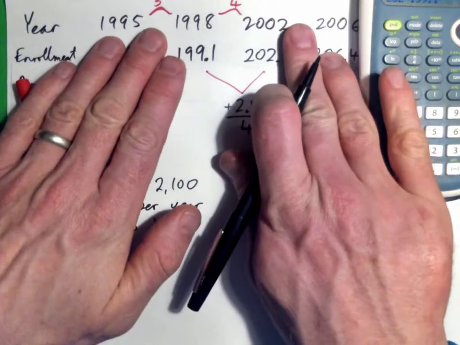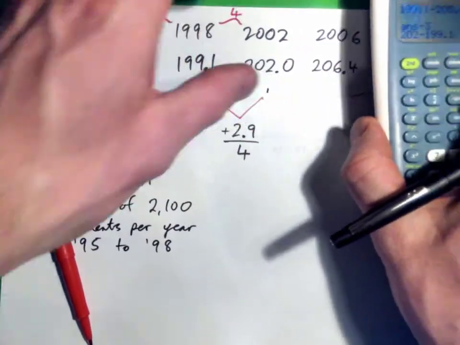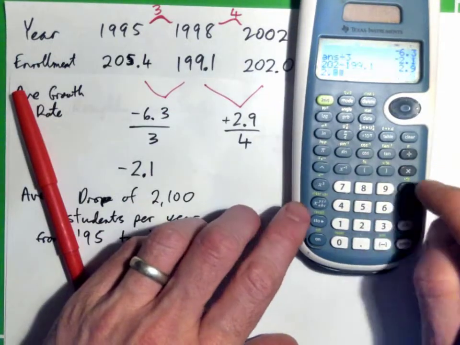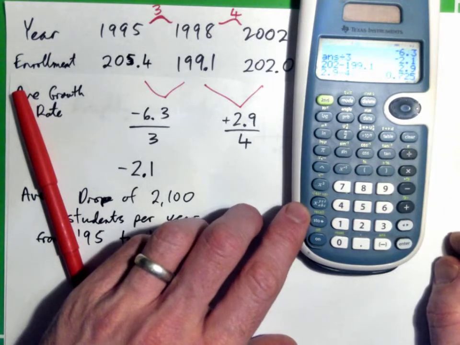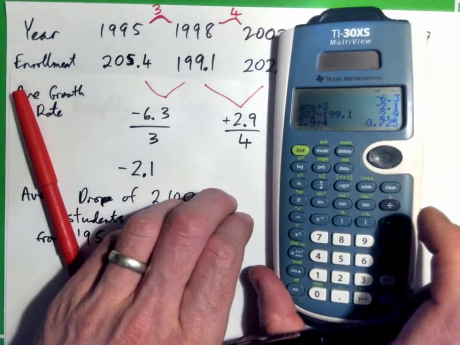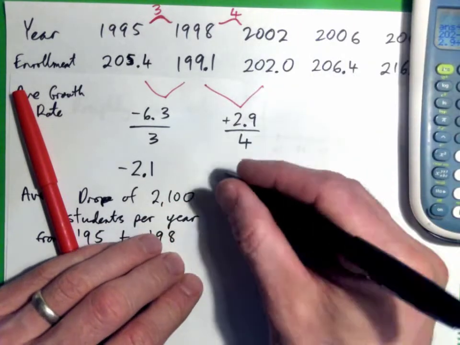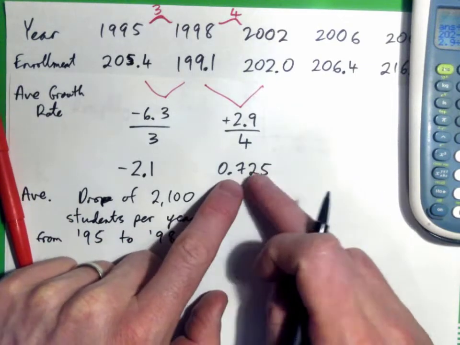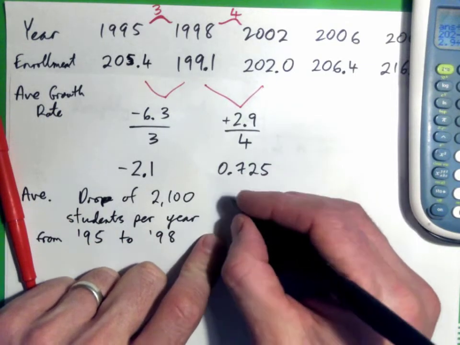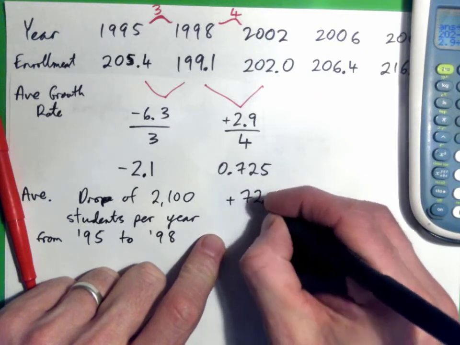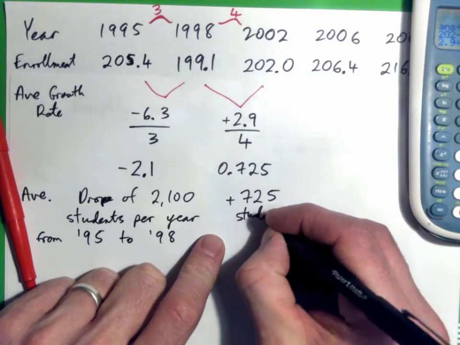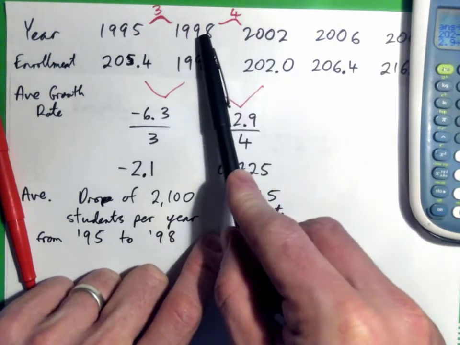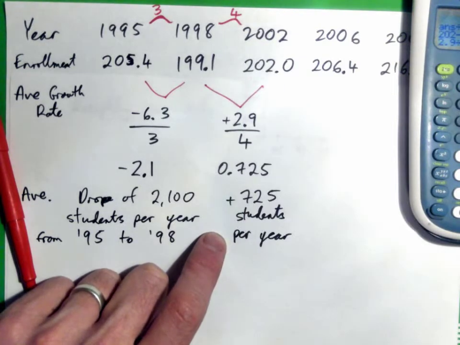So the average change per year in that 4-year period is, I take my 2.9 and I divide that by 4, and I get 0.725, which is in thousands. So that's an average increase of 725 students per year in this period from 98 to 2002. That make sense?